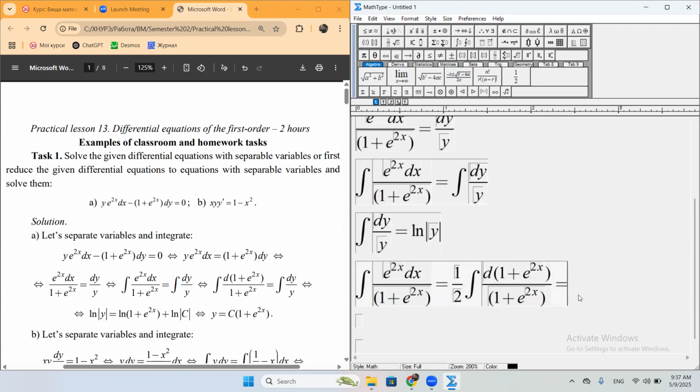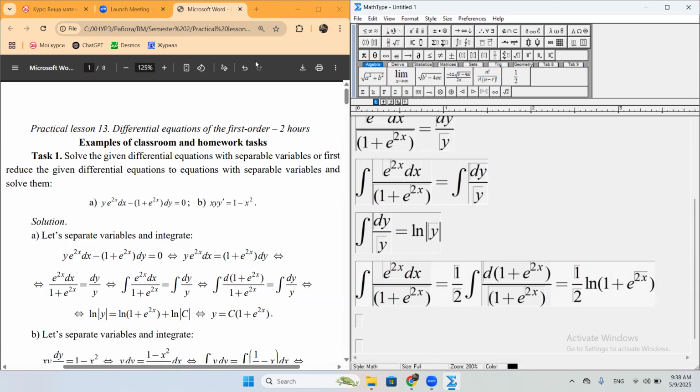So the answer will be 1 over 2 logarithm of 1 plus e in power of 2x. And also we need to use an arbitrary constant.